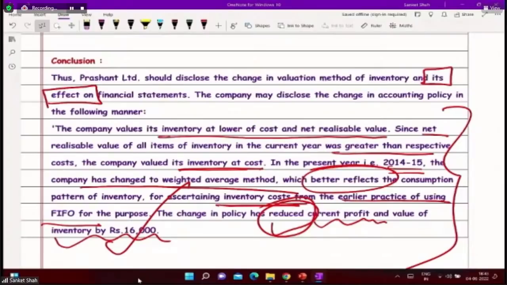Yes, Prabhas, very good. Inventory is undervalued by rupees 16,000 due to changes. But beta, you have to write how it is affected to your profit. Because the reader is not from commerce background, so he won't understand undervalued and overvalued. See, a layman should understand this language. That's why notes to accounts are given, beta. So if you write undervalued, he will find it difficult. If you write how your profit will get affected, then it will be very easy for him.